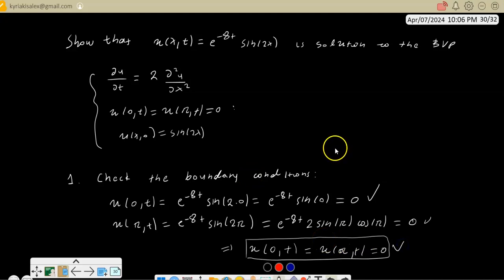Now I have to check this boundary condition here for t equal to 0.